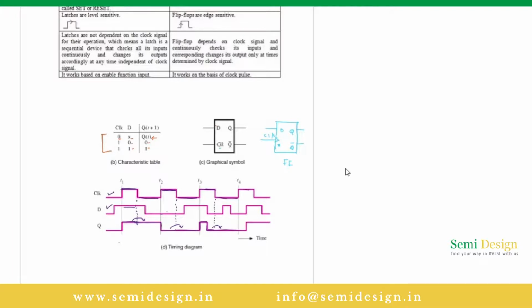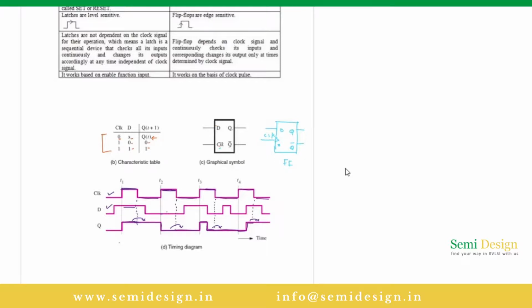Similarly, at this positive level, whatever data is present will be transparent to the output, and during this negative level it will retain its previous value. And this is the simple timing diagram for latch.